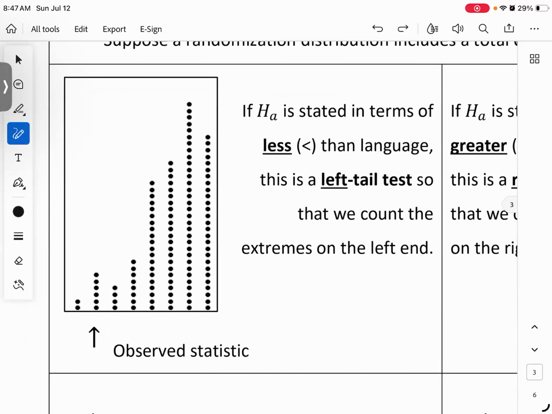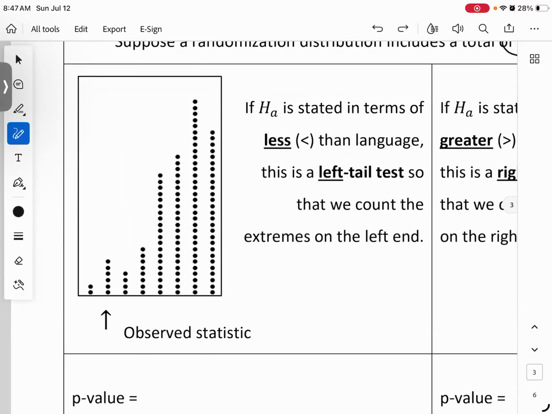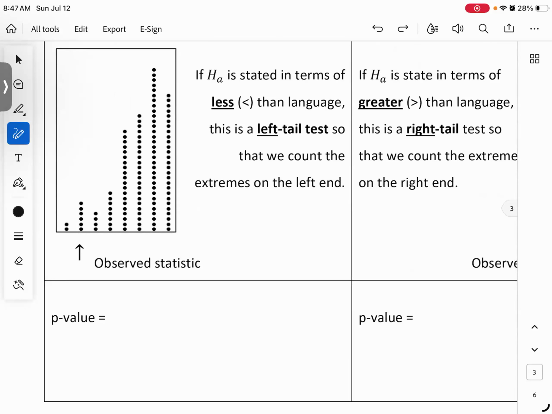And you'll know which tail to work on because they'll do something like this. The alternative will be trying to argue in favor of a value being less than, or that group one is less than group two. Now, in order to know how many dots you'll count, you'll have a statistic, something that was actually observed when you did your participants, and you'll have that value.